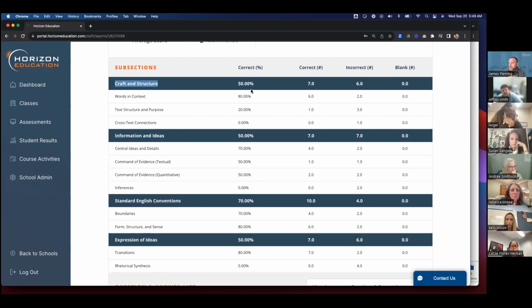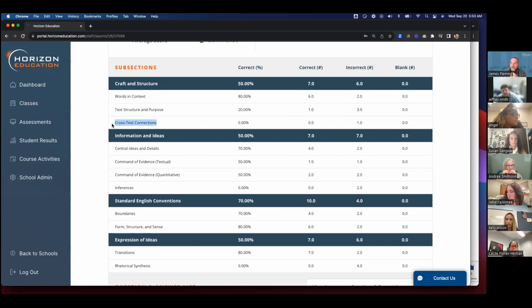So craft and structure: 7 correct, 6 incorrect, 0 blanks. Numbers are hard. That's great. But within that subsection, it looks like text structure and purpose was the area where we left a lot of points on the table.